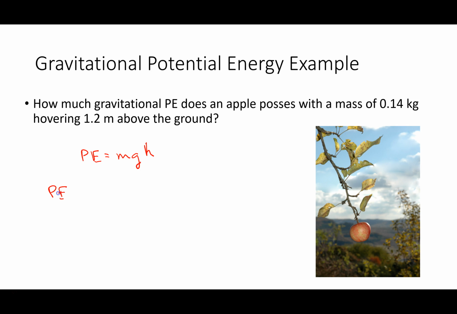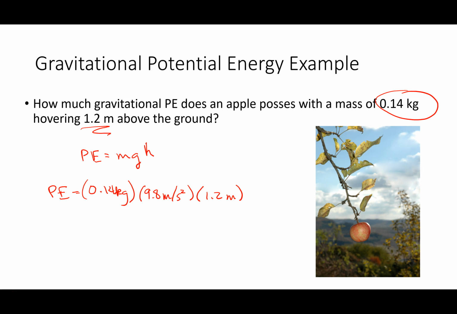So potential energy, I'm just going to go ahead and grab the mass, 0.14 kilograms. My g is going to be that 9.8 meters per second squared, and the height over which it can potentially fall is 1.2 meters. Be careful, little apple.